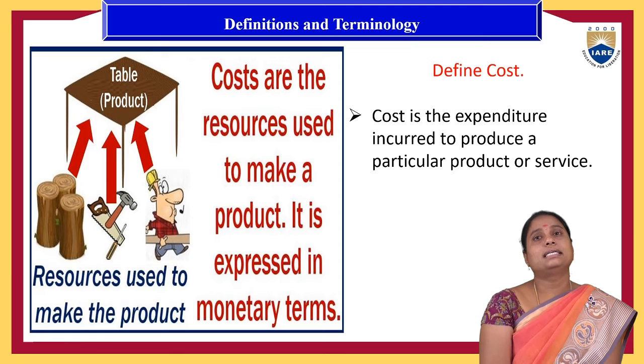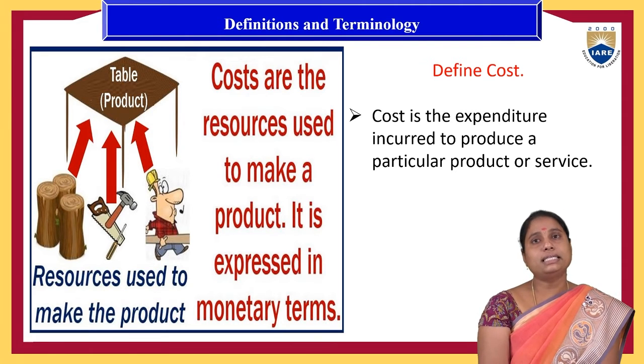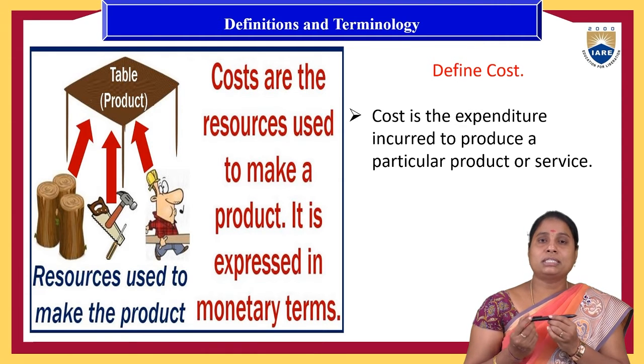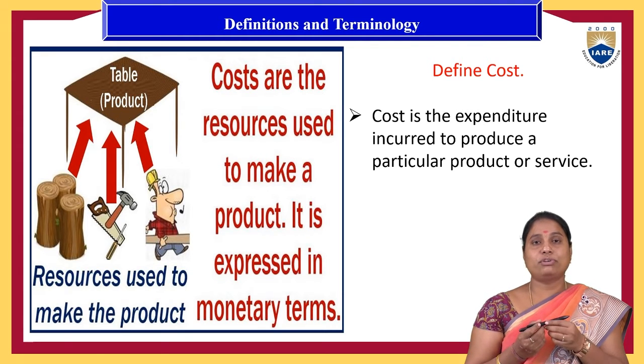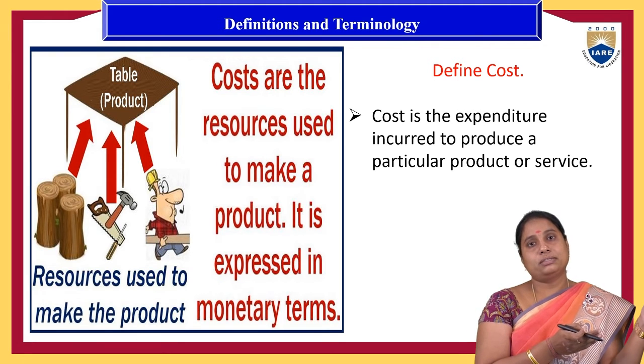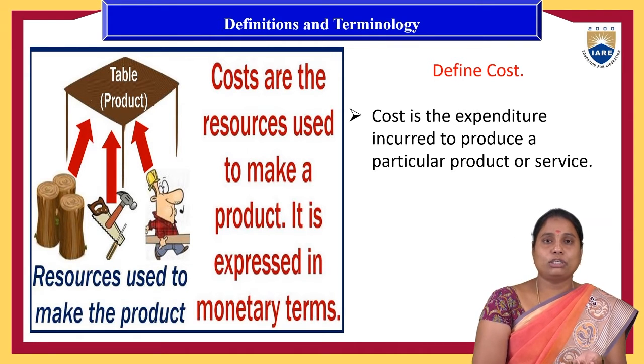Next is the definition of cost. Cost is the expenditure incurred to produce a particular product or service. For example, to produce this marker pen, they need labor charges, administrative charges, the material used, machinery charges, land charges for keeping the machinery, government taxes, and administrative expenditures, everything.